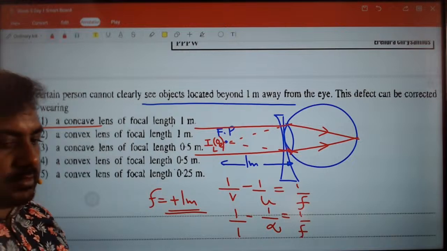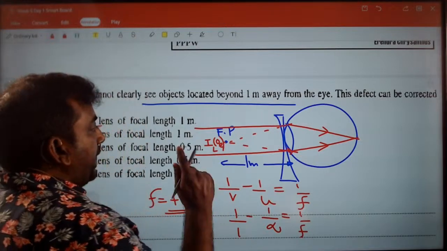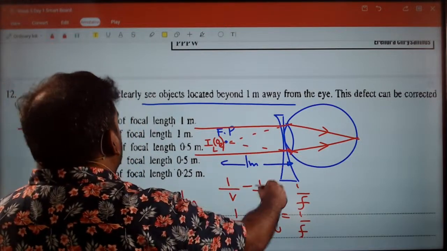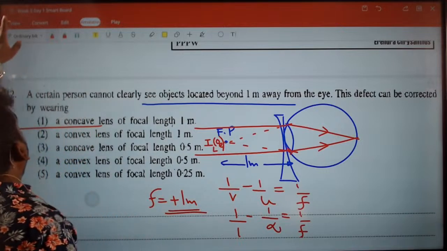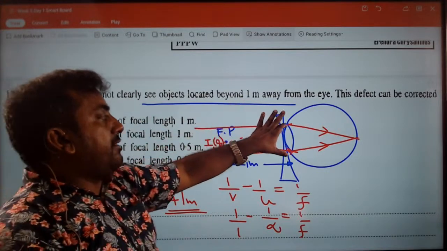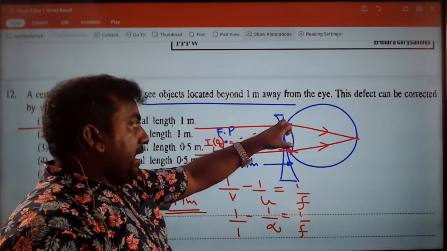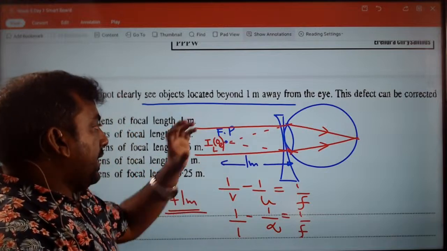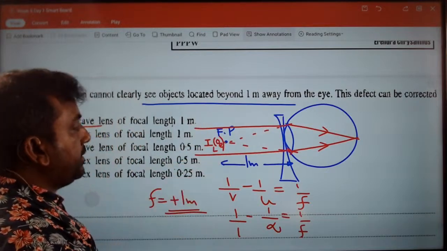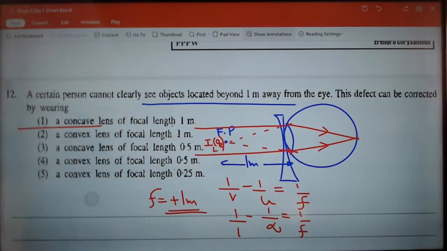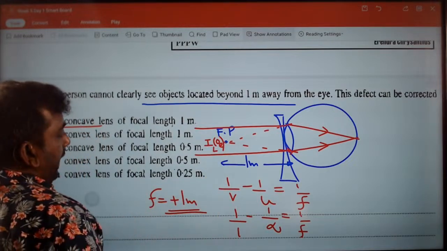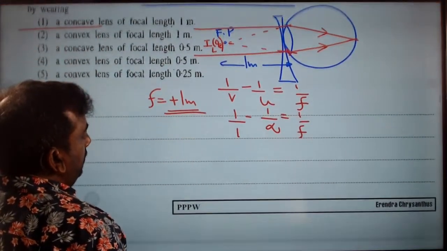Therefore, to correct the vision, we must use a concave lens, and the image of infinity must be formed at the far point of the eye. Okay.